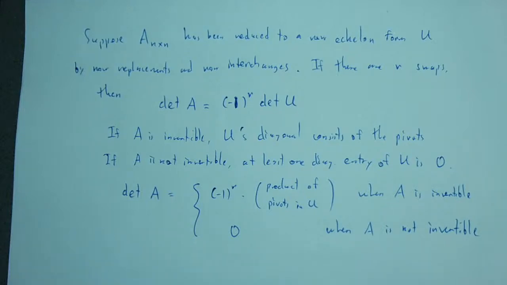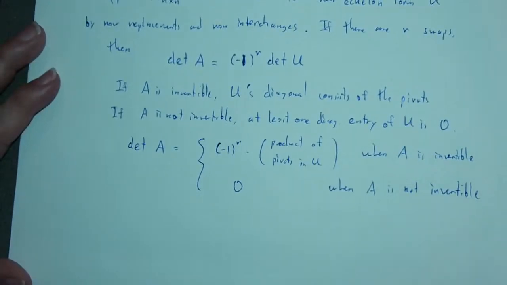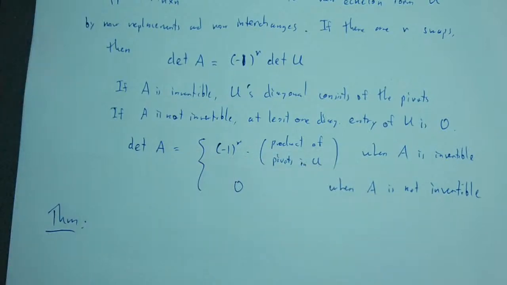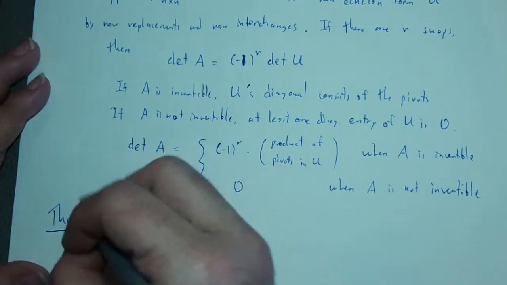So this key fact tells us something very important, which is the following theorem, and it's also the reason why the determinant exists and is something that we care about.